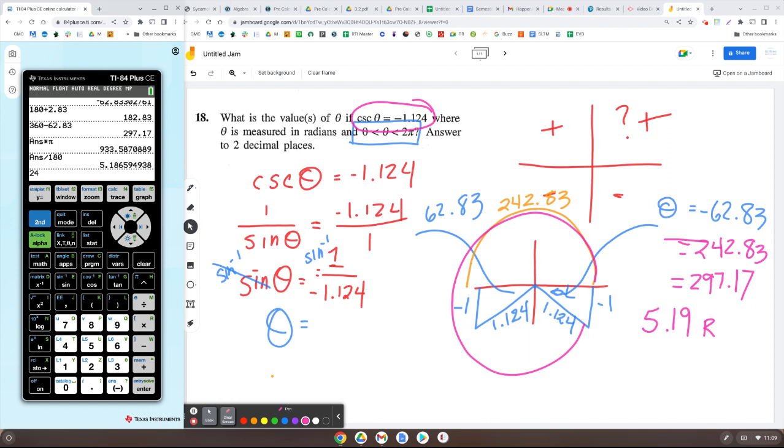297.17 times pi divided by 180. I missed a parentheses there. Sorry, times pi is what I meant to say.